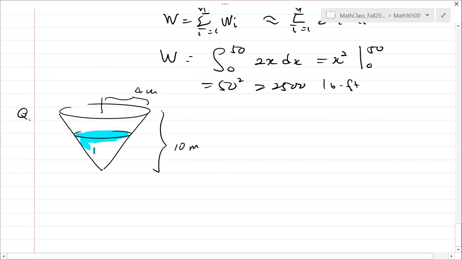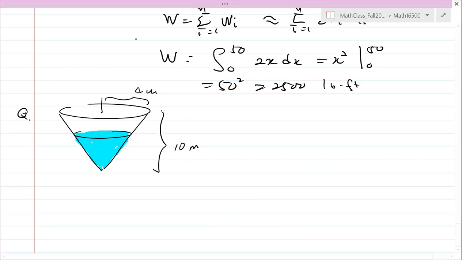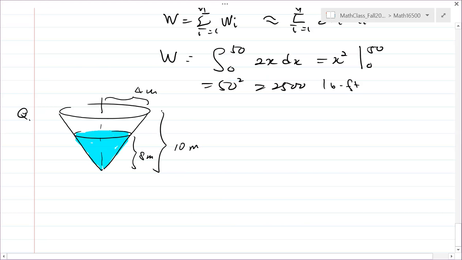This is water, right? The initial level is 8 meters. Find the work required to empty the tank by pumping all of the water to the top of the tank. So this is the question.